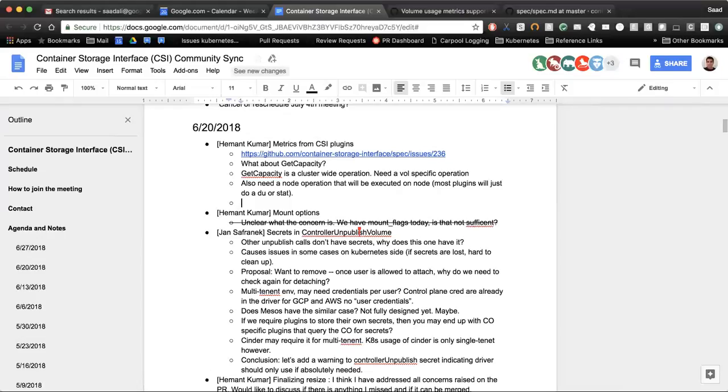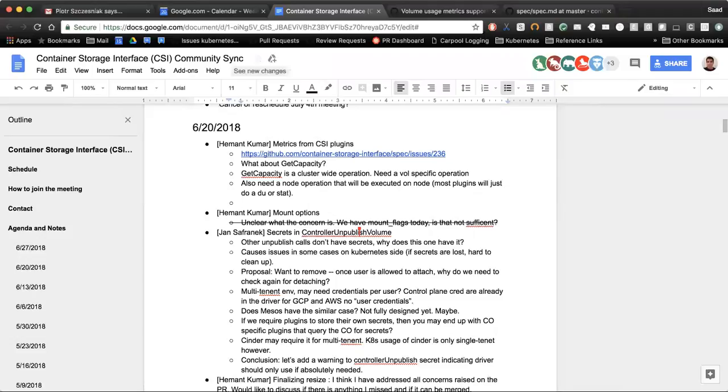It depends on how the CO is going to consume or use the metric. It could persist from the last seen node and assume that's the case. Obviously, that's what we do in Kubernetes right now: from the last seen node, whatever volume usage was reported is the capacity available on the PVC.